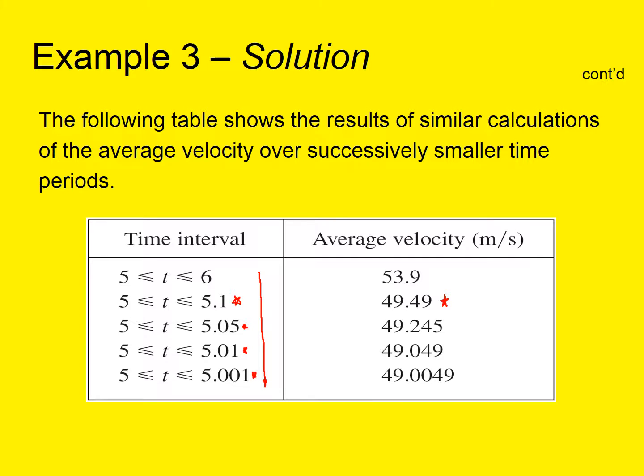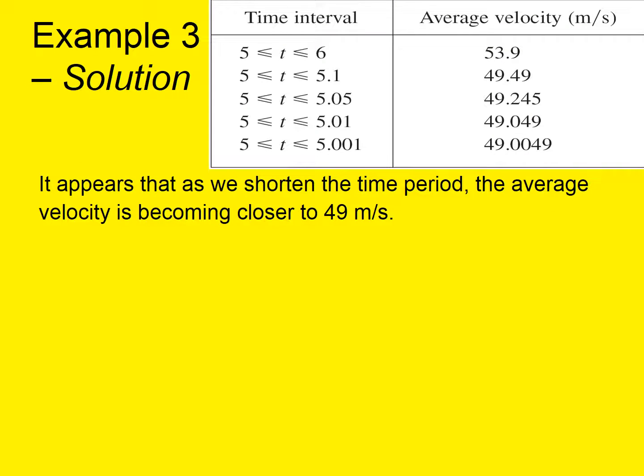The time interval is going to zero, so we're talking about an instant. And average velocity, well, it looks like it's approaching 49. It appears that as we shorten the time period, the average velocity is becoming closer to 49 meters per second.